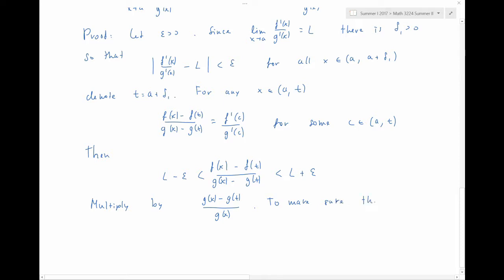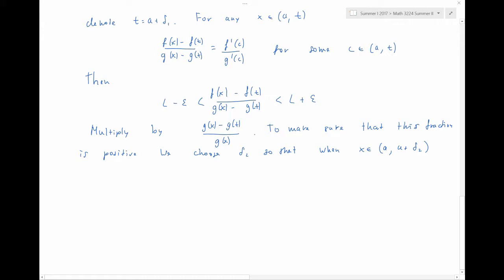So to make sure that this fraction is positive, we choose delta 2 so that when x is in a to a plus delta 2, g of x minus g of t is greater than 0, or g of x is greater than g of t.